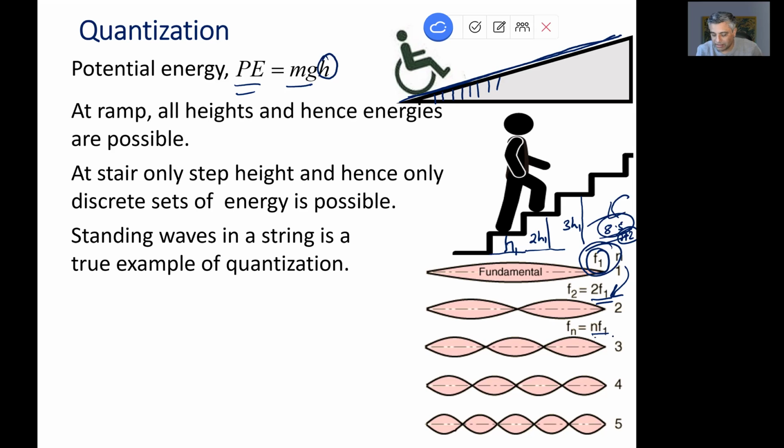So it becomes n times. So it's quantized, okay? There are only certain things we can visualize as quantization.